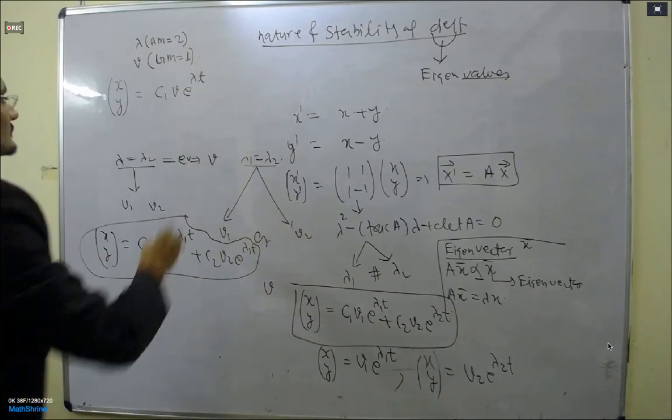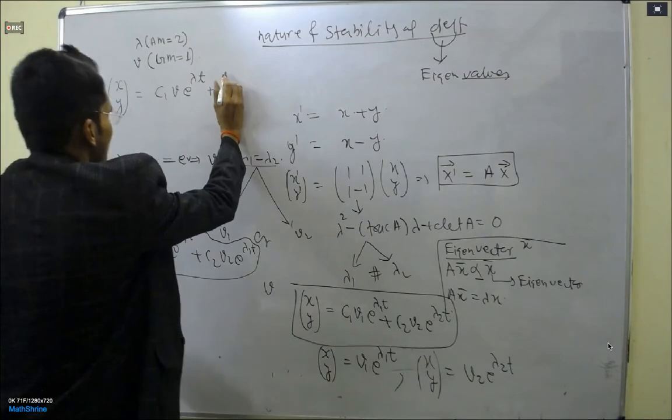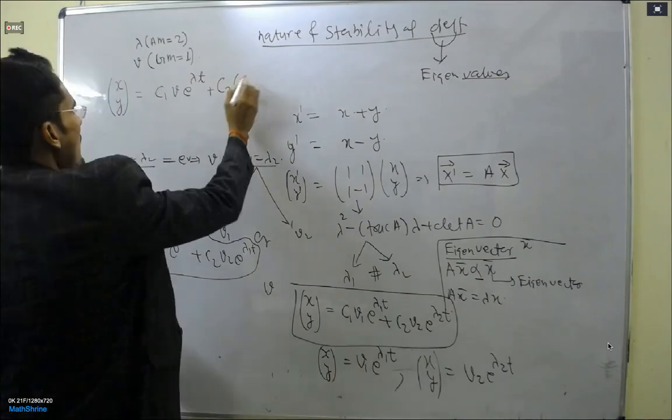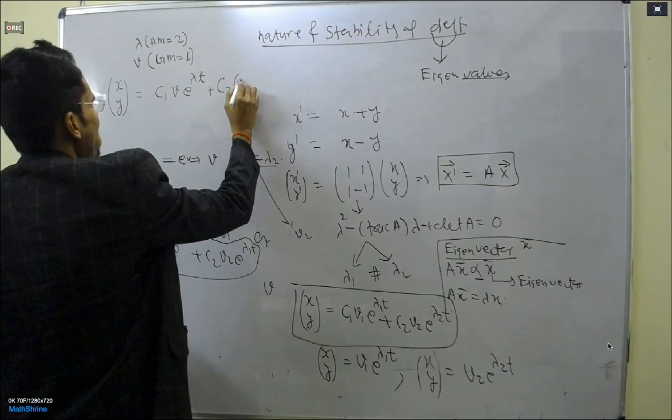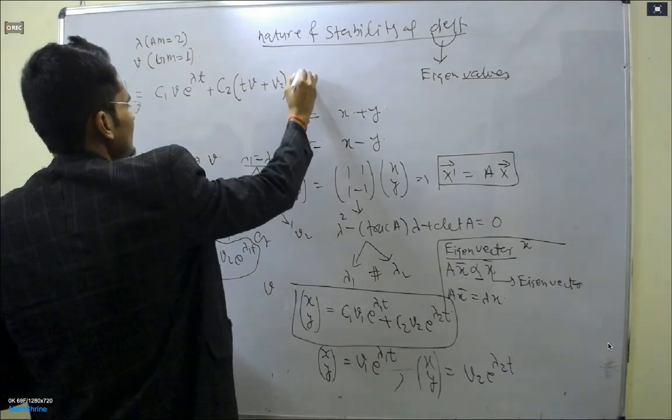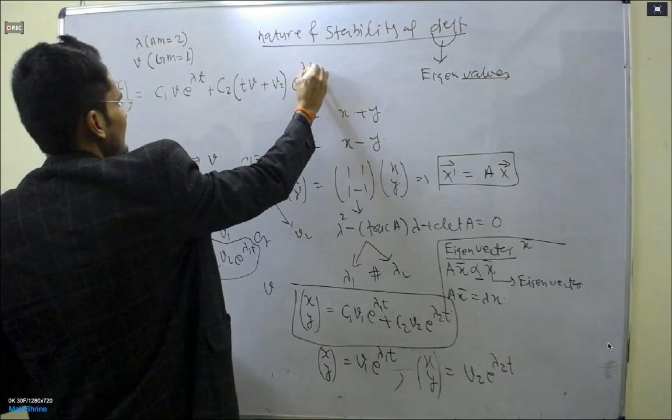Everything is as previous, only we need w. See, v is given, v is the eigenvector, we are just multiplying by t, and what is w, I will write it here. So how will you get w? w is such that (A minus lambda I) w is equal to v. This is the solution.